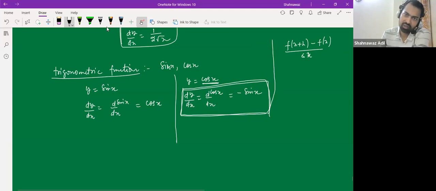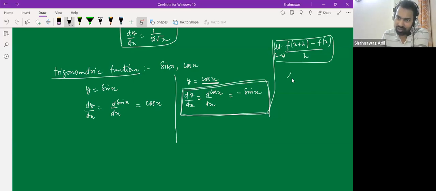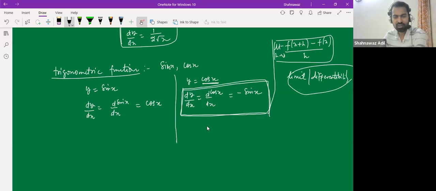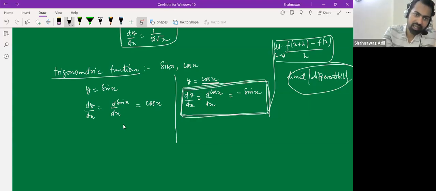Then we have lots of problems if you want to derive this. Then I will have to talk about the limit as h tends to 0 and then differentiability. So that would be hectic. For this part, just remember that this is the result.